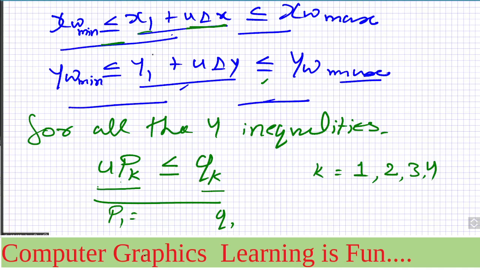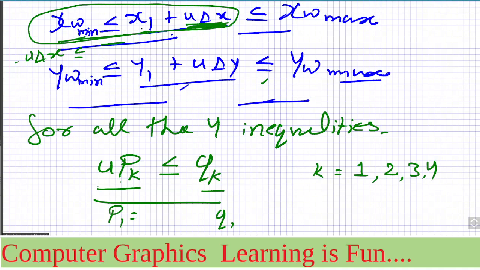Suppose from this inequality I want to find the value of this thing. I want to keep u on the left hand side. I will bring this u delta x to this side. It will be minus u delta x, which will be less than or equal to x1 minus xw min. Am I correct? Is it okay?